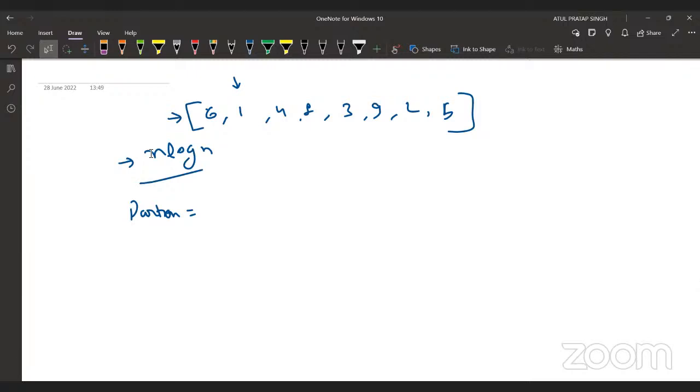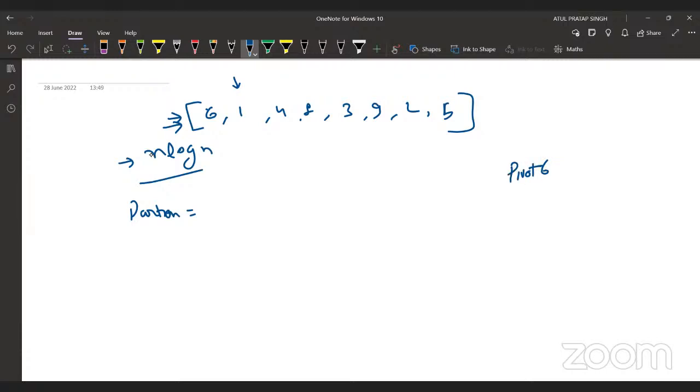After that, we will compare each element with the pivot element, and after completion of the partition function, we will return the actual position of the pivot element. So for example, we apply the partition function on this input list first. We will select 6 as the pivot element.